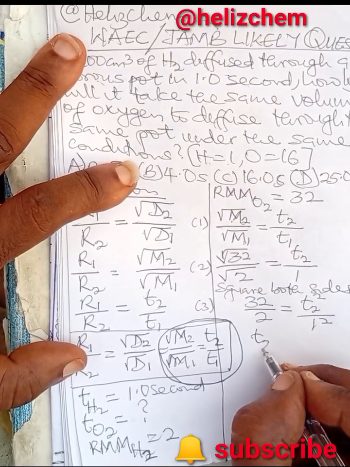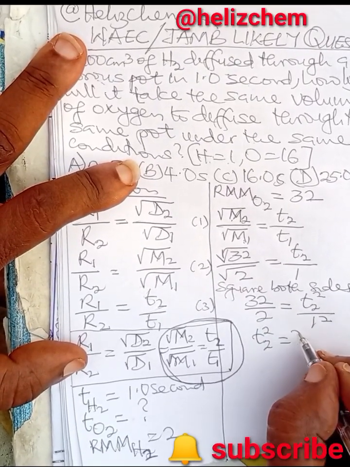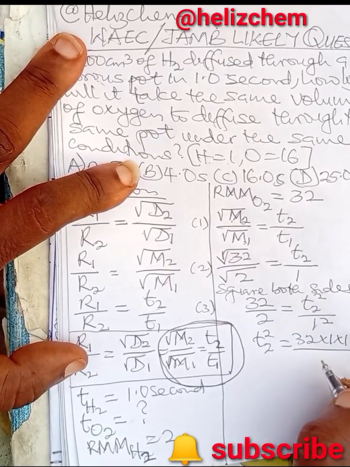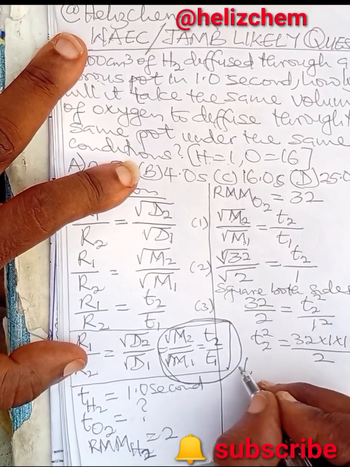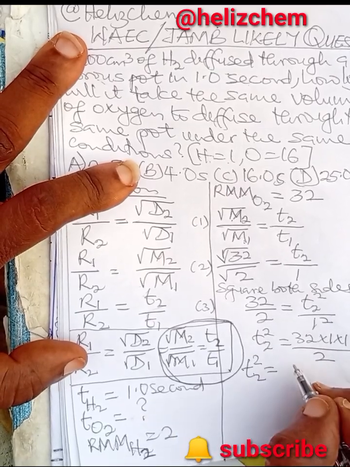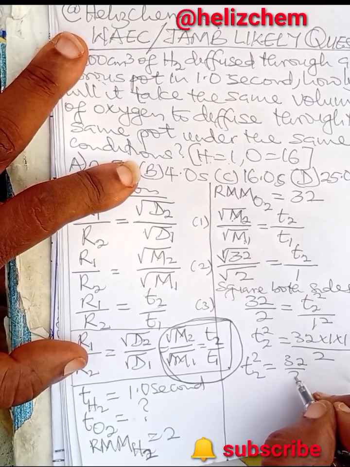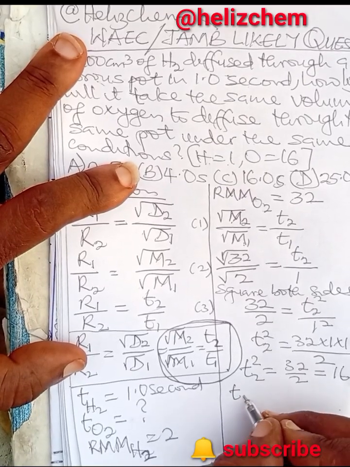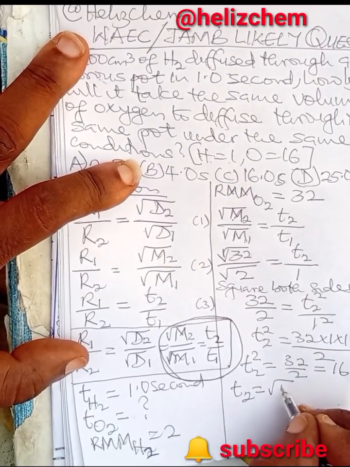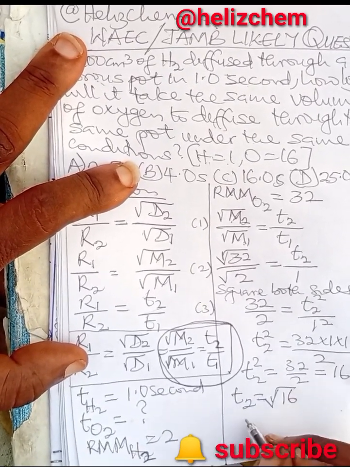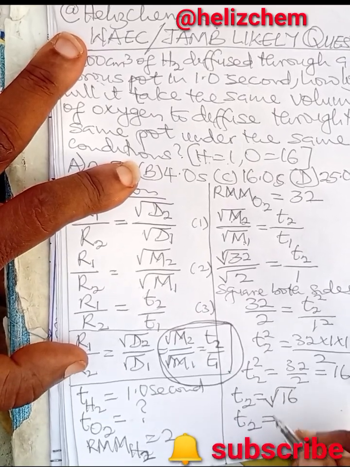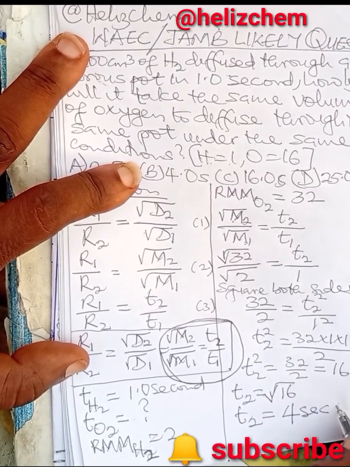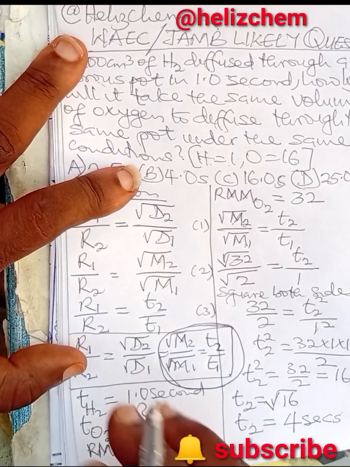So our T2 square now will be 32 times 1 over 2. T2 square will now be 32 over 2, and that is what? 16. So our T2 now will be square root of 16. And what is the square root of 16? Square root of 16 is 4. So our T2 is 4 seconds.